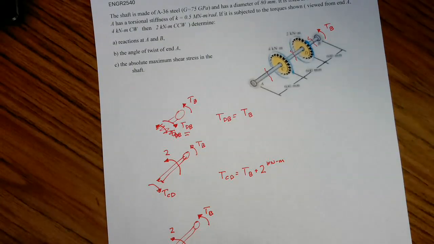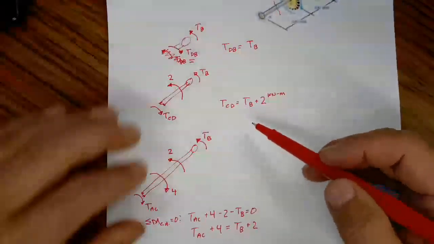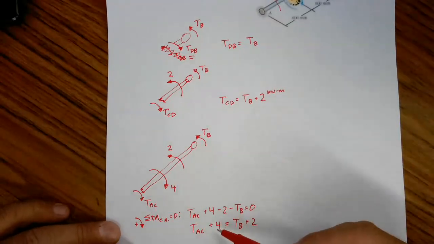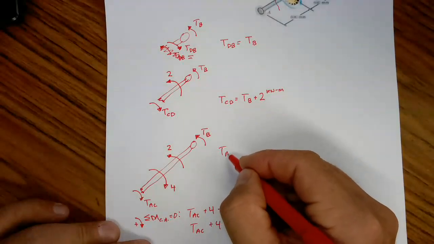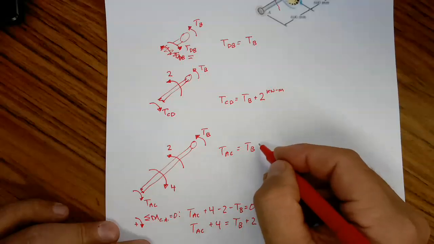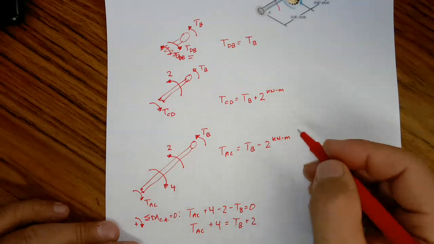TAC plus 4 equals TB plus 2. That's exactly what I have here, but now I've got to subtract 4 off of it, and I'll get TAC equals TB minus 2 kilonewton meters.